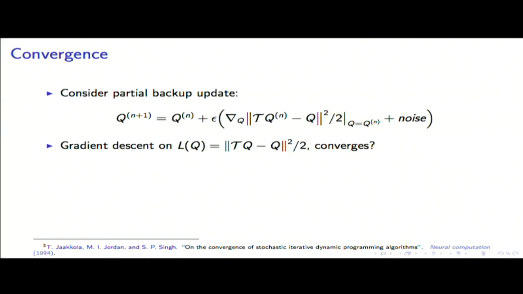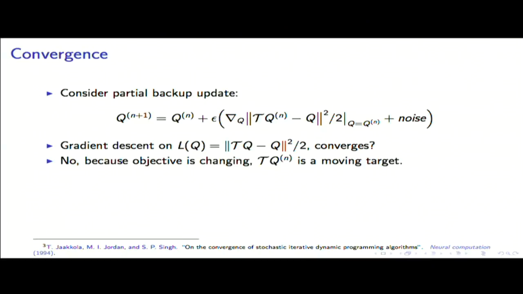Okay, so does it converge? I said that this classic Watkins paper showed that it converges. I'm not going to go through the convergence proof, but let's just try to get a little intuition for it. So here's what our partial backup looks like.